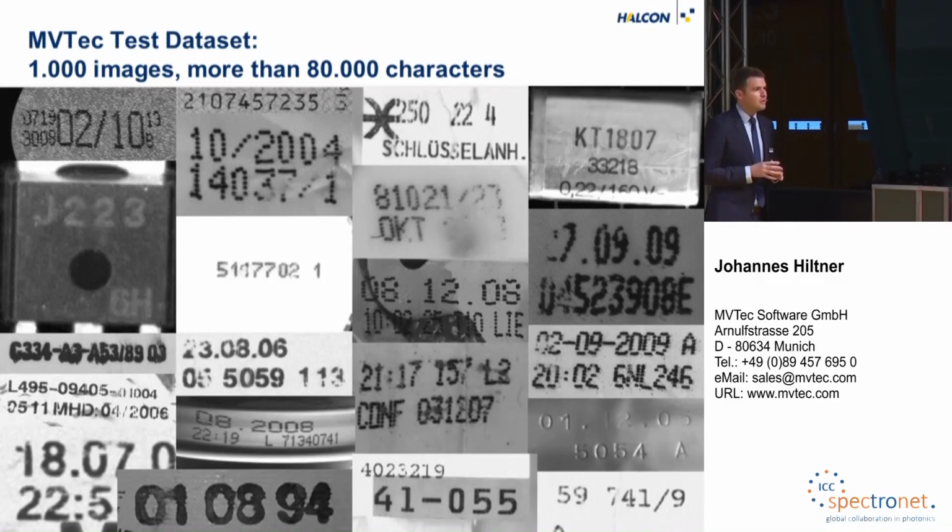Working students sat for days and weeks labeling and sampling our training data set. And when you take a look at these images, you will recognize that even I, as a human, have problems reading one or the other character.